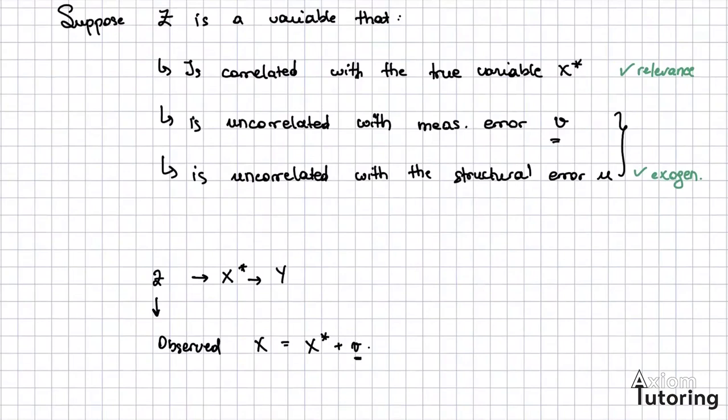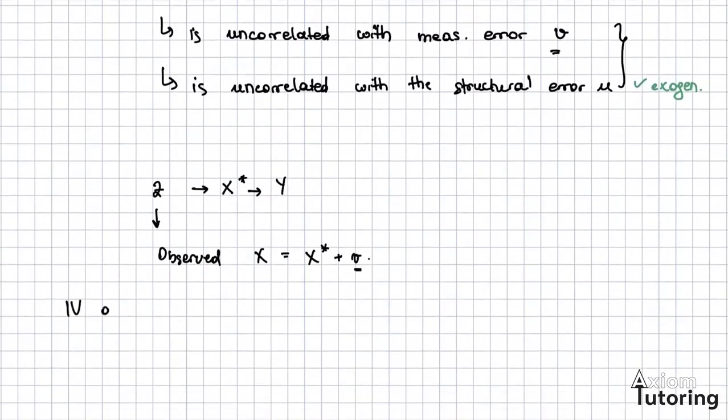So IV acts as a filter. It extracts the clean, genuine variation in X star and discards the noise. Now, the second stage uses only that clean variation to estimate beta 1. So the result should be no attenuation bias.